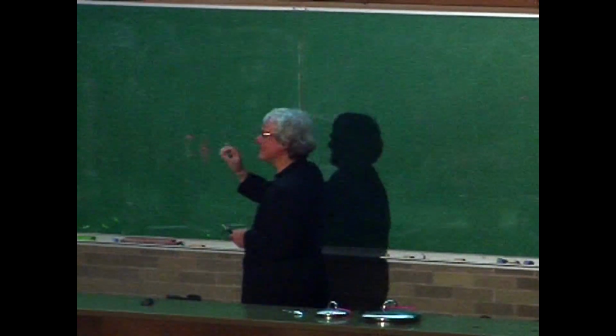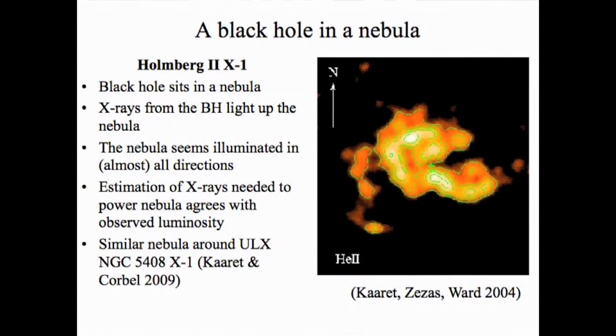So astronomically, what we want, clouds of dust or clouds of gas, are nebulae. So what we want is to find one of these ultraluminous X-ray sources sitting inside of a nebula. And then we just ask the question, does the nebula get lit up by just one little spot right in our direction?